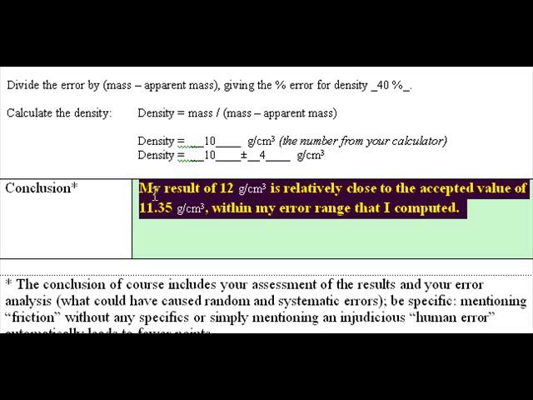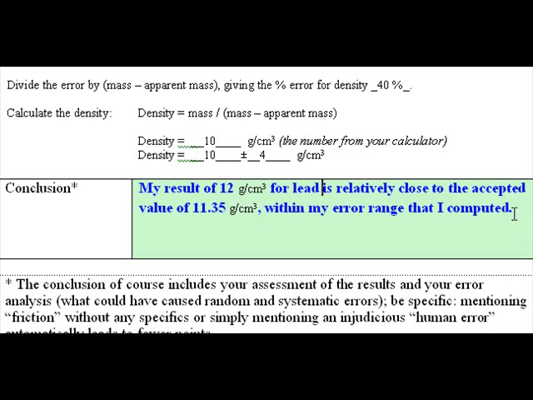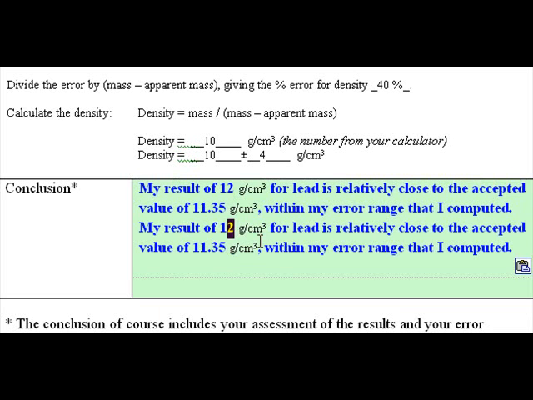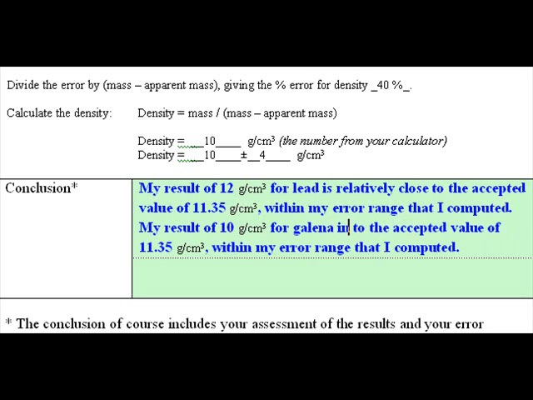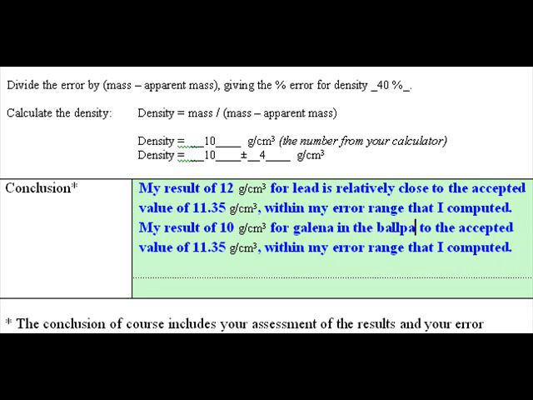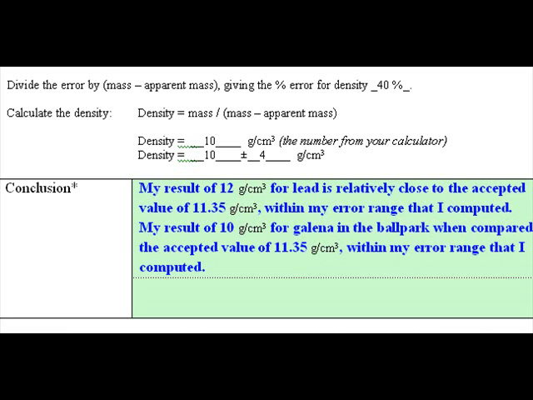And the other one then would be, minus what would be my result for lead, right? My result of 10 grams per cubic centimeter for galena, which is lead ore, which is different. That's lead sulfide, it's a different compound. Is, well, somewhat close. I used the word ballpark, is in the ballpark when compared to the accepted value of 7.4.